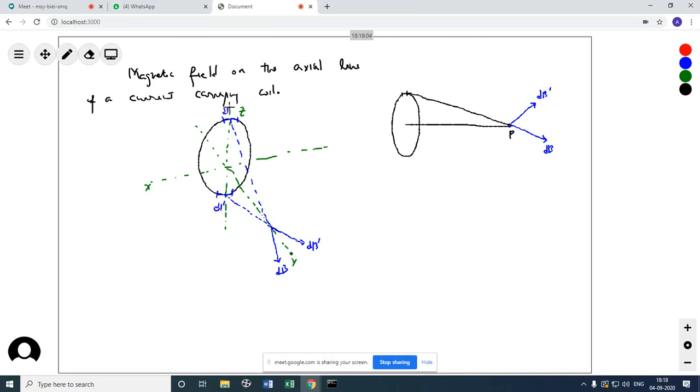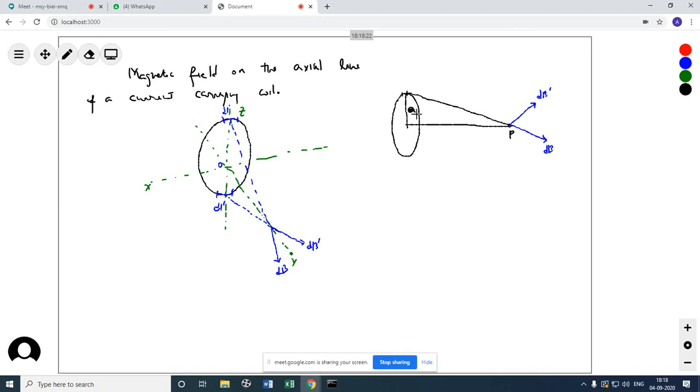Similarly you can see there will be, I'm not going into that right now, I'll come to that later. This is one vector, this is another vector, and I think I did not draw this properly. This one will be drawn.